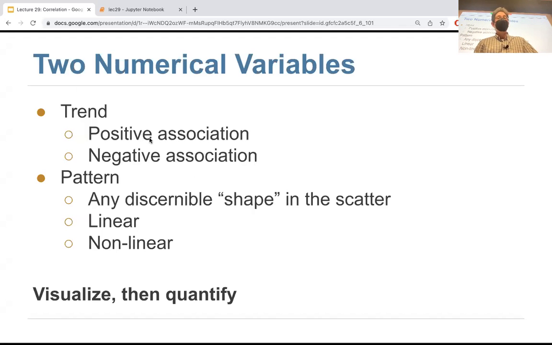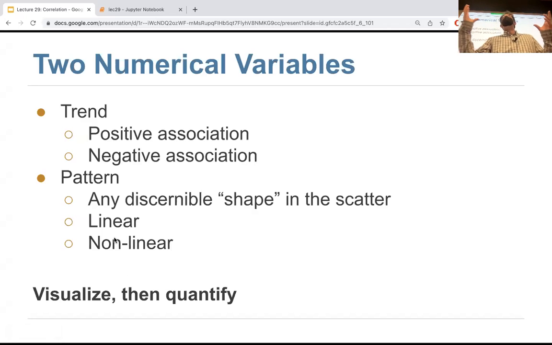But before you start drawing lines, it's a really good idea to draw the scatter plot and figure out what kind of pattern is there. If what you see has a line going through it, then finding that line is a totally reasonable thing to do. And then you can think about things in terms of lines.